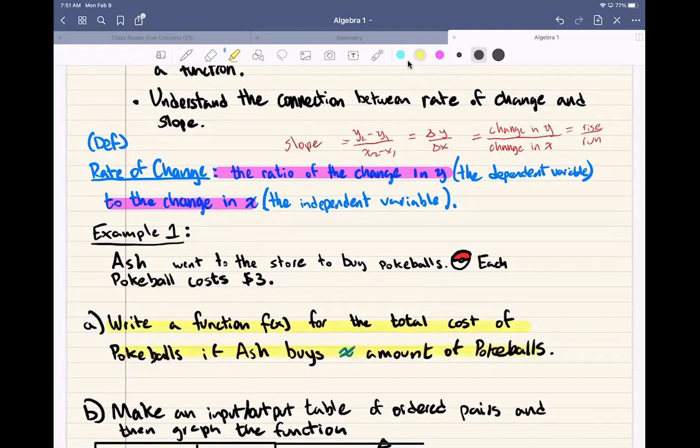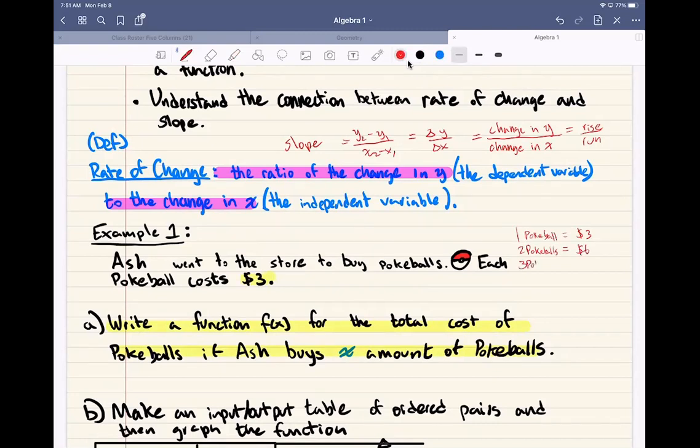If you look at the information that they gave us, each Pokeball just costs $3. So let me write this on the side. Let's say I buy one Pokeball. One Pokeball is the same thing as $3, right? Two Pokeballs is the same thing as $6.